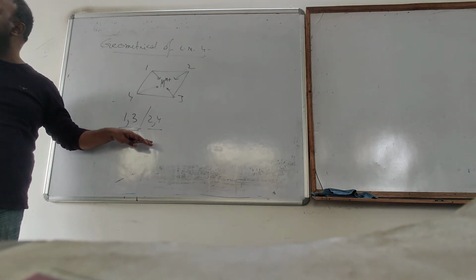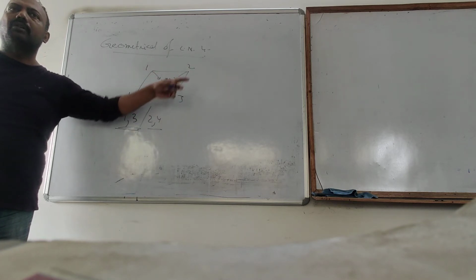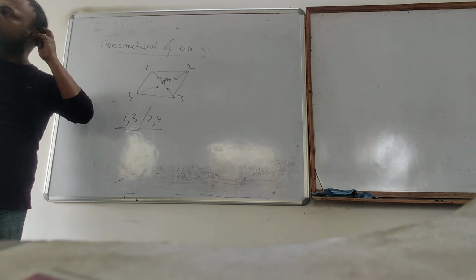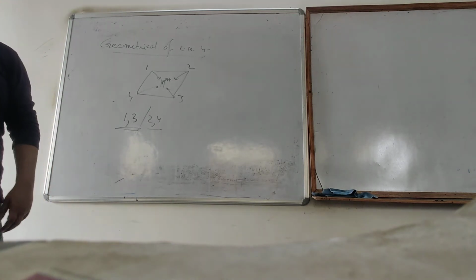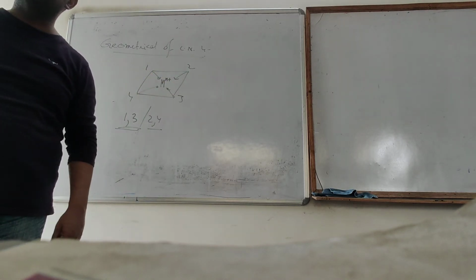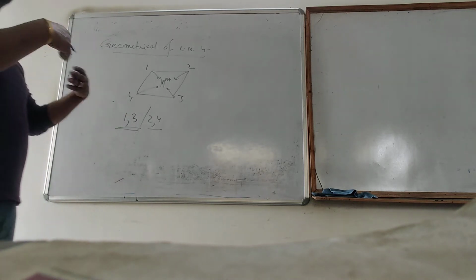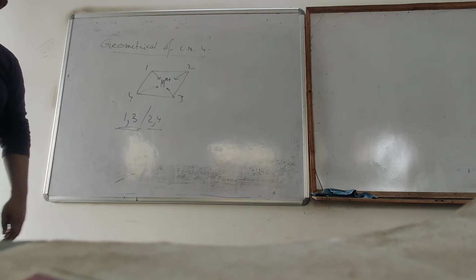Any other pair, if similar ligands are placed at 1 and 2, or at 2 and 3, they are all cis pairs. So there are only two trans pairs: 1 and 3, and 2 and 4. Is it clear?